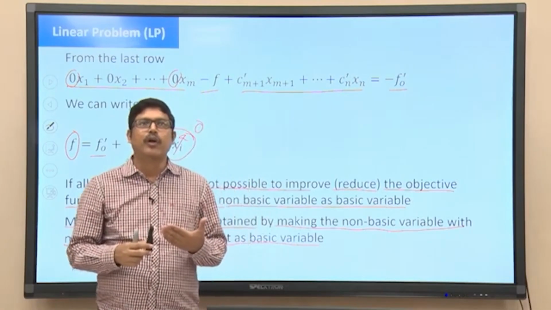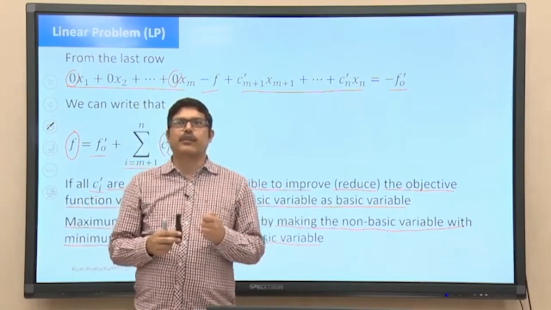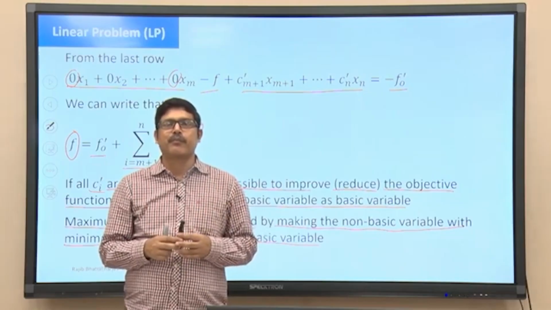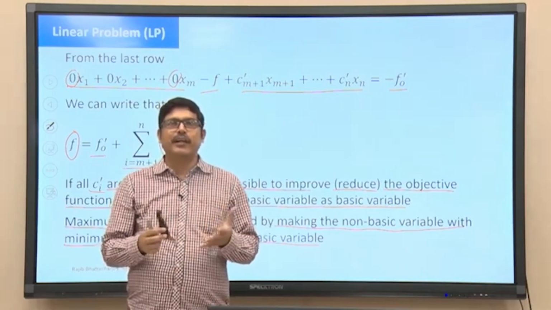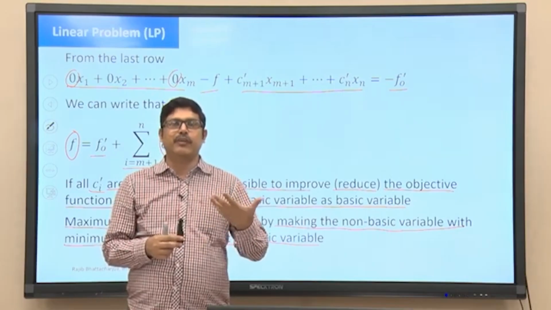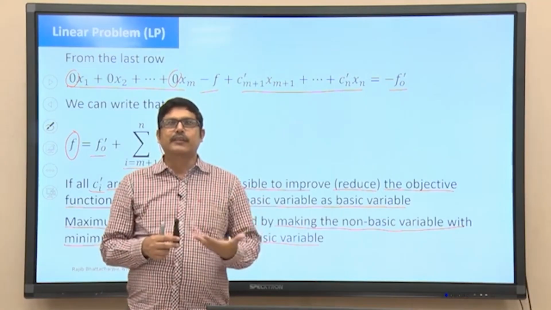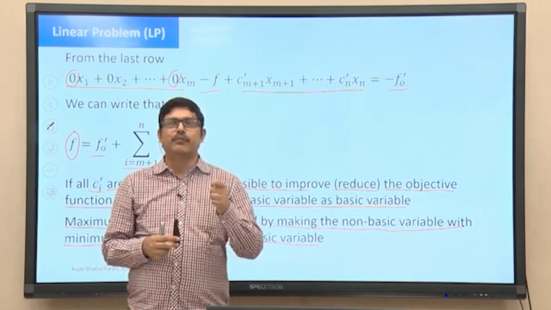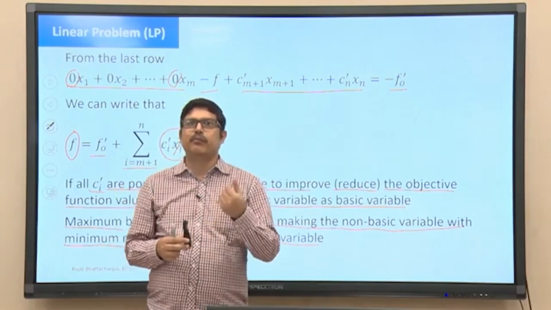We will not be able to reduce the objective function value in this case, because we are solving a minimization problem. Now, if there is a negative coefficient, then the maximum benefit we can obtain is by considering the coefficient having the minimum value.